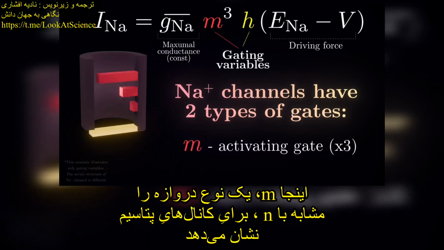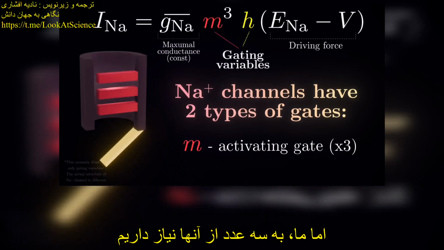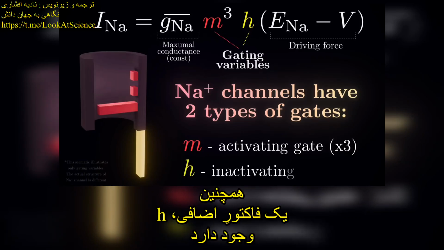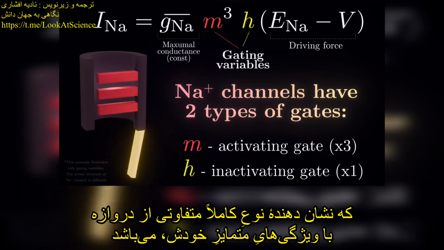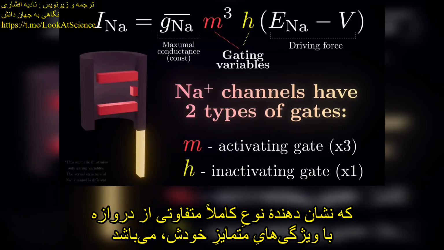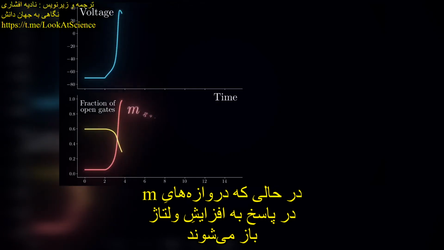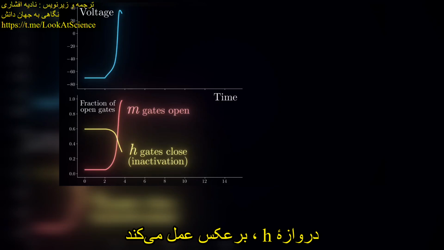Here, M represents one type of gate, analogous to N for potassium channels, but we need 3 of them, hence the cubic power. There is also an additional factor H, representing a completely different type of gate, with its own distinct properties. While the M gates open in response to increased voltage, making the channel more likely to conduct, the H gate does the opposite.